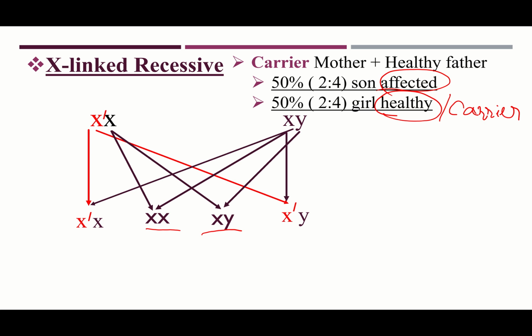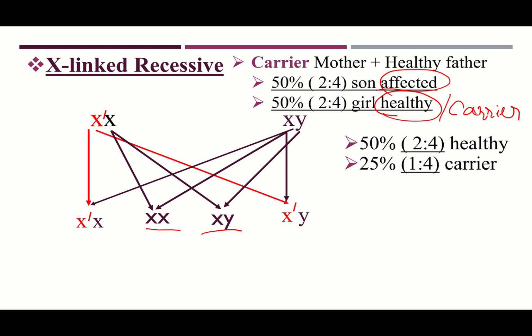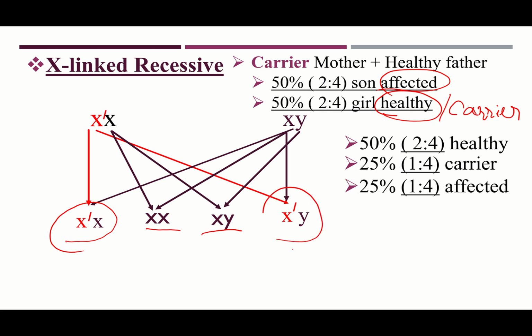So 50% or 2 out of 4 are completely healthy. 25% or 1 out of 4 is a carrier, and the remaining 25% is affected. So whenever you have a question on X-linked recessive disorder and the gender is mentioned, you answer it from here. But if the gender is not mentioned, you have to answer it from here.